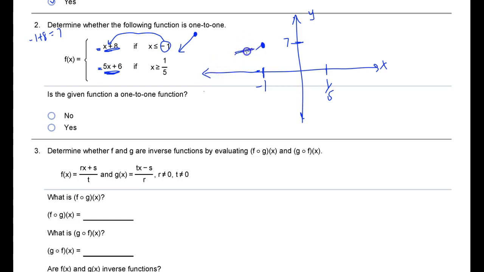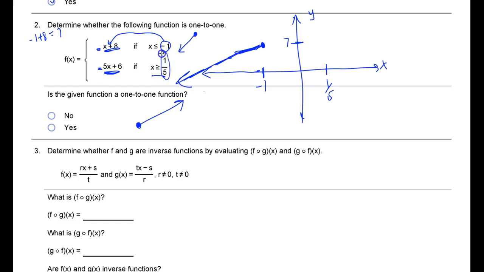So we could say something more along the lines of this with this first line. With the second line, of course, x has to be greater than or equal to 1/5. So we know that this is also going to be a line that looks like this, but we're going to have a place where it starts.